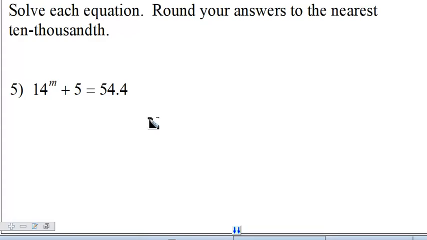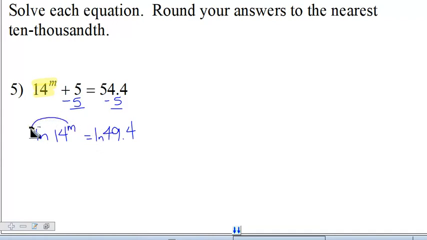Number 5 is the same type of problem, but before we can take the log of both sides, we must isolate the part of the problem that has an exponent that is a variable. So I've got to start off by subtracting 5 on both sides. Now that I've done this, I can take the log of both sides.